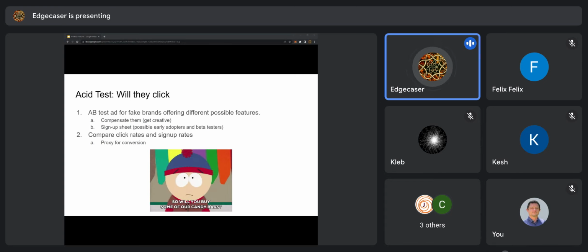When they click, take them to a site that gently lets them down, and then offer them a further act to engage. I know I'm harping on Airbnb. This is the second time I've used their example, but one of the tests they did, as they were figuring out whether this was worth doing or not, was to put an ad out saying you can rent a room at a given conference.